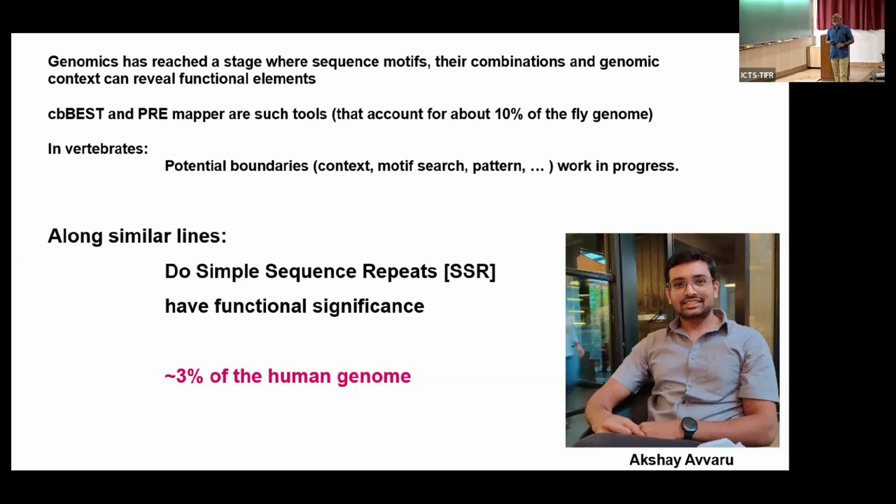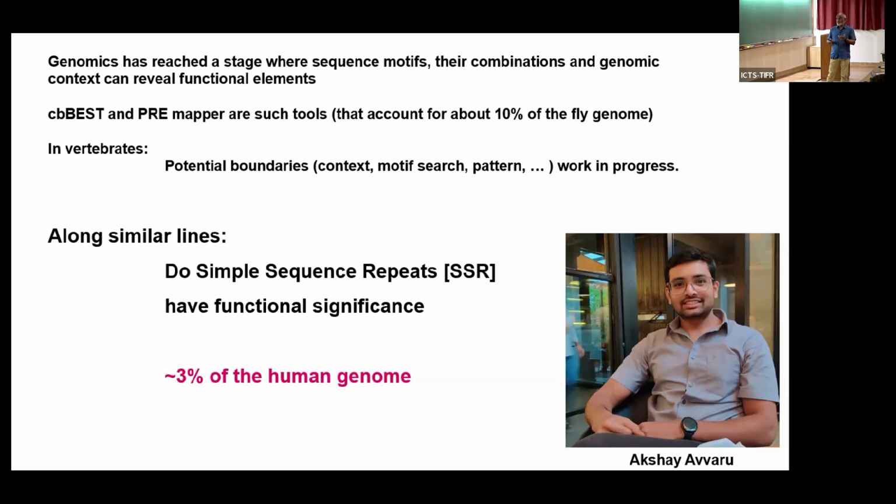I will very quickly tell you something which we have been doing for quite some time. There was one experimental approach, with some rationale, to look for the non-coding part of the genome and try to find function in it. But then there are other parts of the genome, for example, simple sequence repeats, which are there in plenty. Do they also have some function?